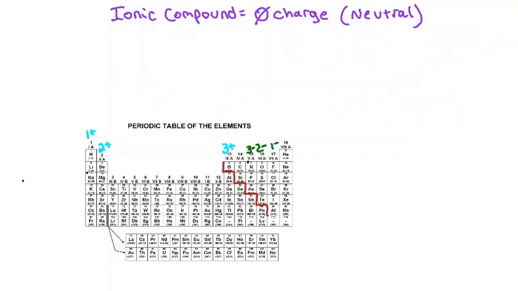So let's try one more. Let's say we're going to take calcium from the metals group and oxygen from the nonmetals group. So we're going to have calcium and oxygen in an ionic compound.